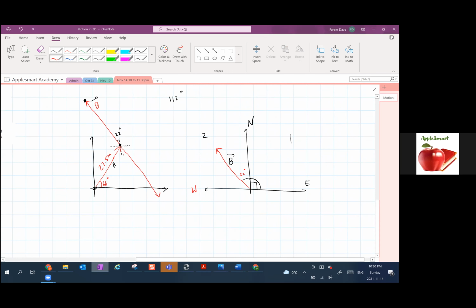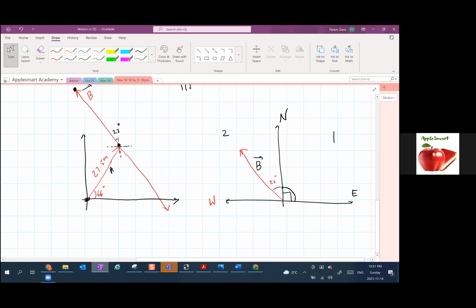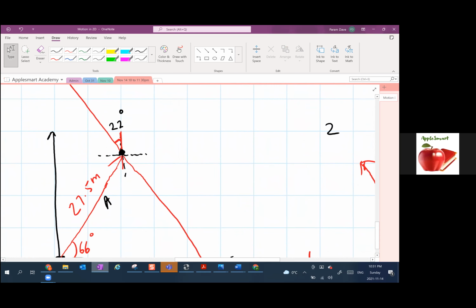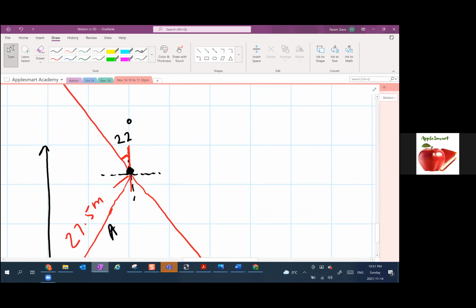And can you tell me, if this angle over here is 22 degrees, then do we know any other angles? Let me just put A, B, C over here and D over here.